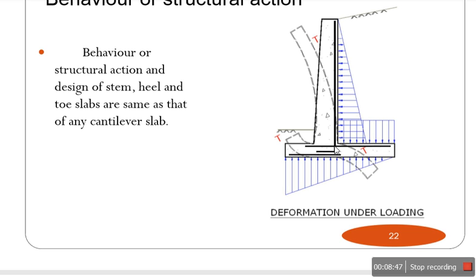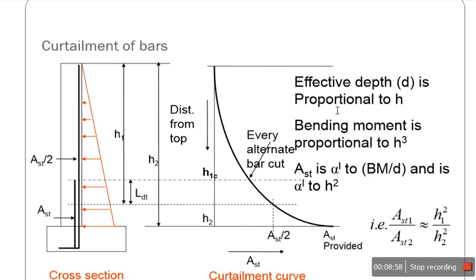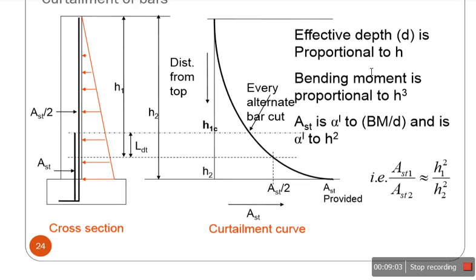So you can curtail the steel you are providing up to a certain height. To find the height at which you cut the bar, the formula is Ast1 by Ast2 approximately equal to h1 square by h2 square, where Ast1 is the area of steel in the lower section and Ast2 is the area in the upper section, and the height is measured from the top, not from the base.